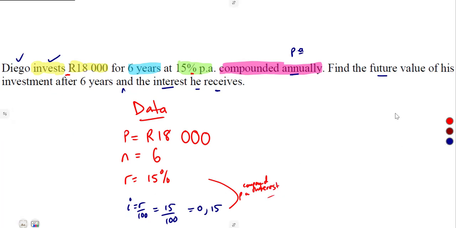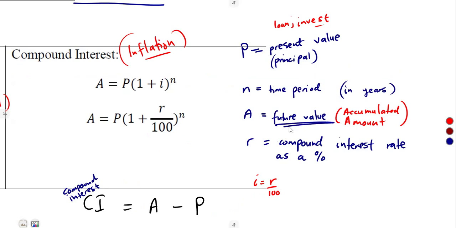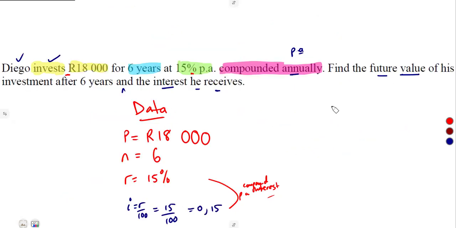So the question here was find the future value, the accumulated amount. So they are saying find what? Find A. So we are asked to determine A. And the interest he receives, what type of interest? Under compound interest. The compound interest is the one that they're asking you. The interest he receives, or you can just write interest. All right. So it's a direct question.